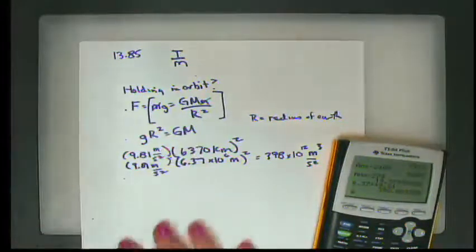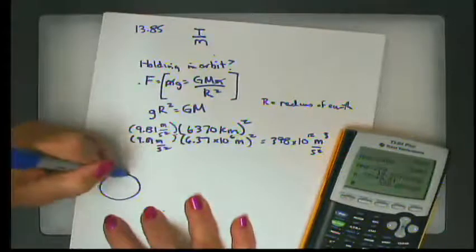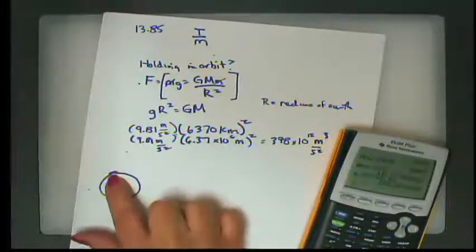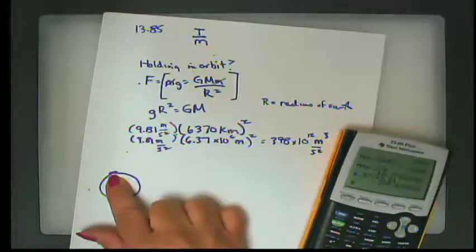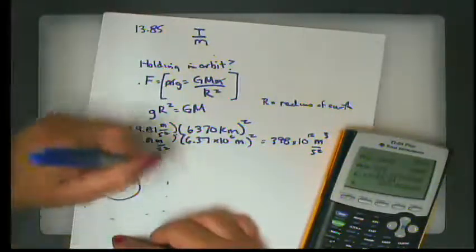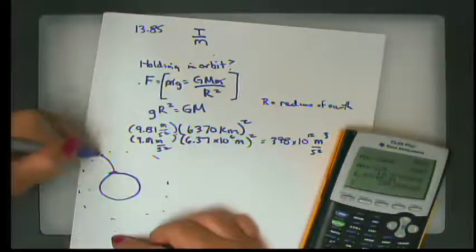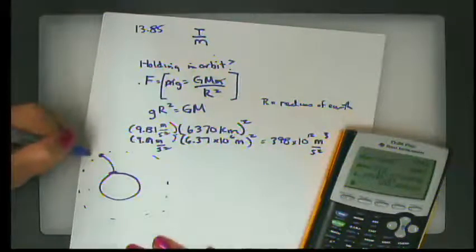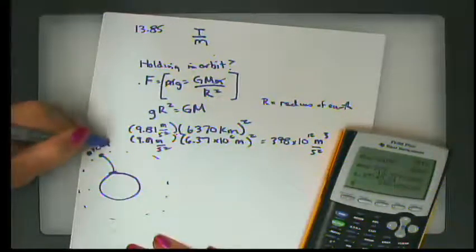All right, now if we think about what we're talking about, we're talking about something going on the surface of the Earth when we have the missile on the surface of the Earth. And then we want position 2 to be something different than that, which is going to be escape, right?